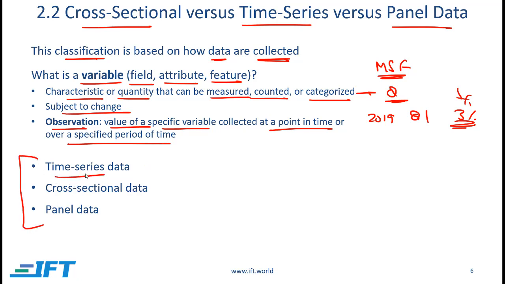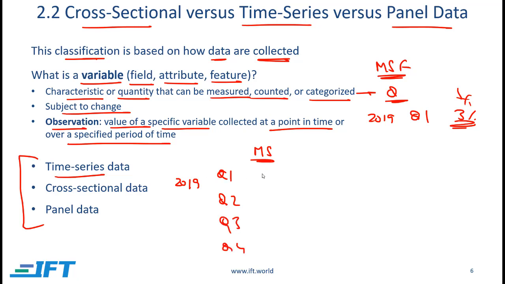Time series data consists of observations for a single subject taken at specific and equally spaced intervals of time. So let's say that we are talking about Microsoft stock and we are concerned about quarterly returns. We can say that for Microsoft, the quarterly returns in 2019 are reported. So we'll have quarter 1, quarter 2, quarter 3, and quarter 4.